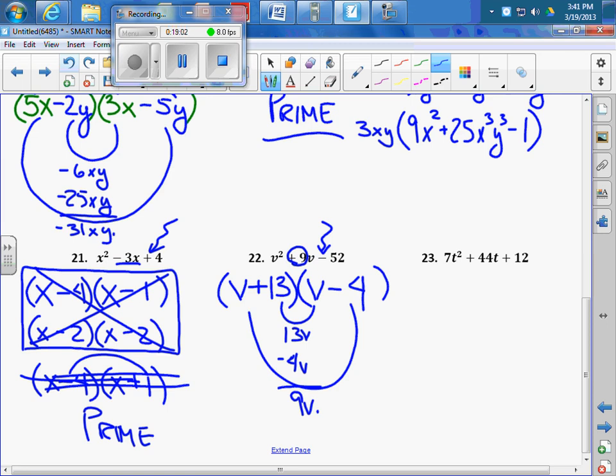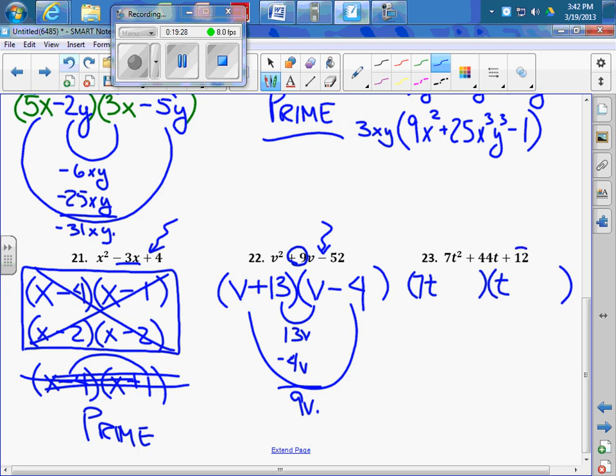And last but not least, number 23, 7t squared plus 44t plus 12. Let's see now. I know it's going to be 2 parentheses. I don't have a GCF here, right? 7, 44, and 12. The only way to break up a 7t squared is going 7t times t. Let's see now.